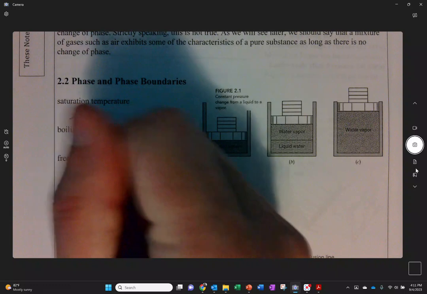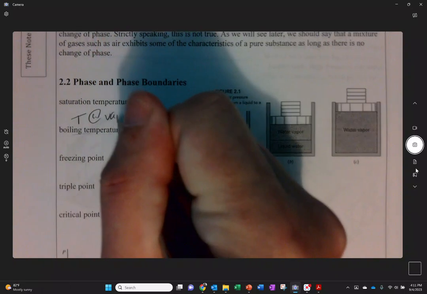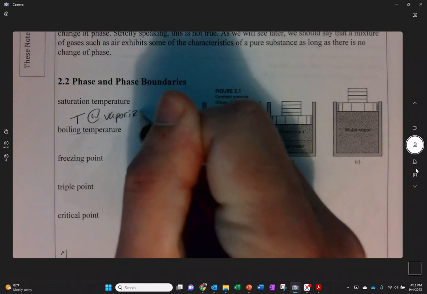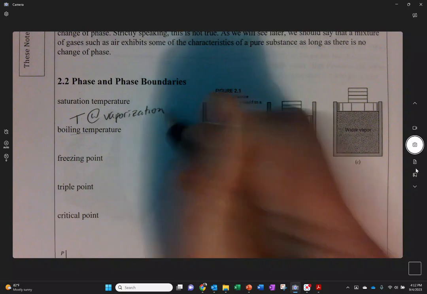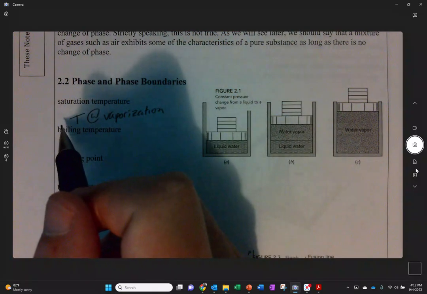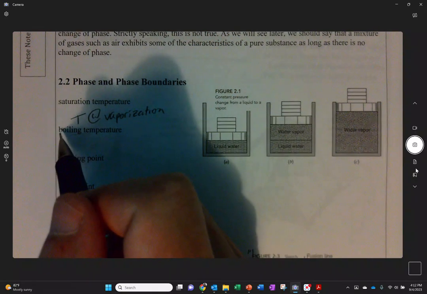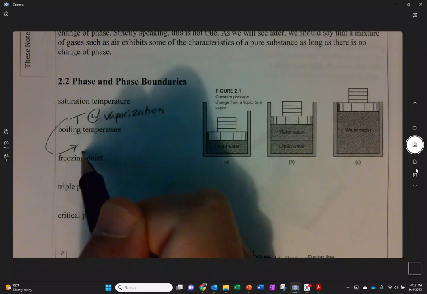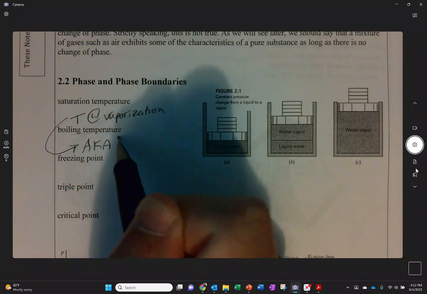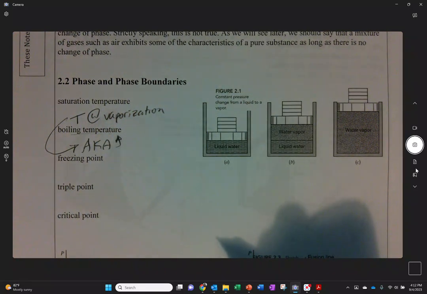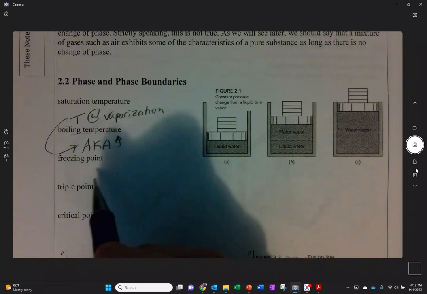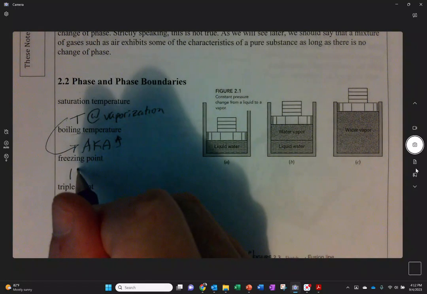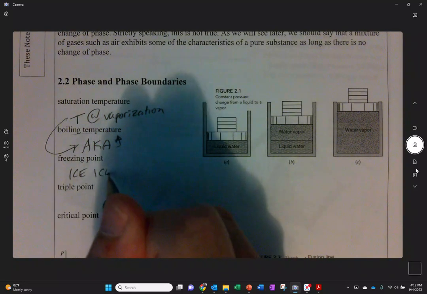This is the temperature at vaporization, so it's the phase change from the liquid to the gaseous state. I wrote AKA this way on my notes. We also have the freezing point, and I wrote "ice, ice, baby," because that was funny, I guess.